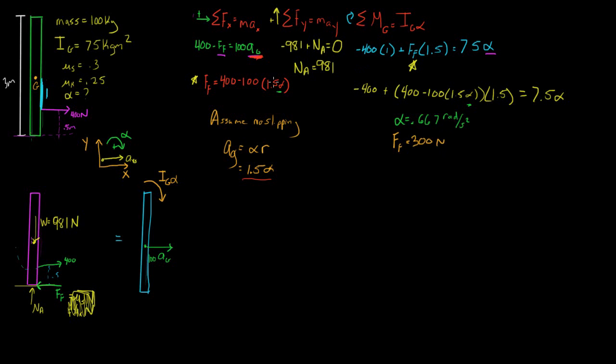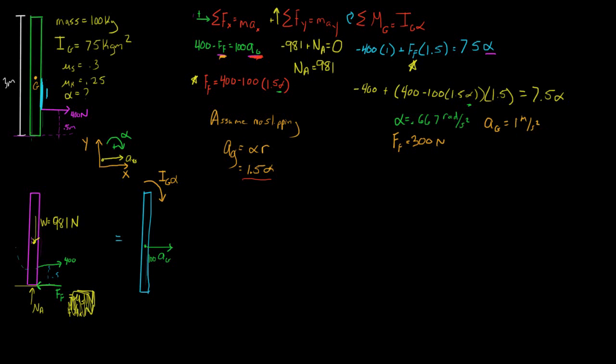And if we really wanted to, even though the problem doesn't ask it, we can figure out our acceleration of our center of mass by using our 300 newtons of frictional force right here, and we get that it is equal to 1 meter per second squared.